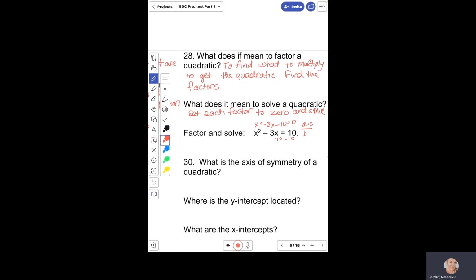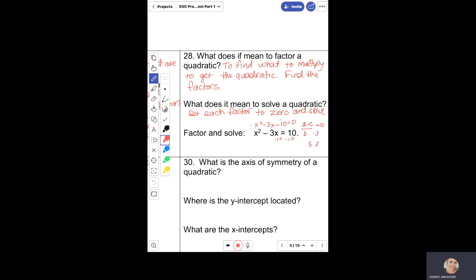So we are looking for a times c. A is an invisible 1, so it's 1 times negative 10. So we're looking for two factors that when we multiply them together, we get negative 10, but when we add them together, we get negative 3. So I automatically think of 5 and 2.